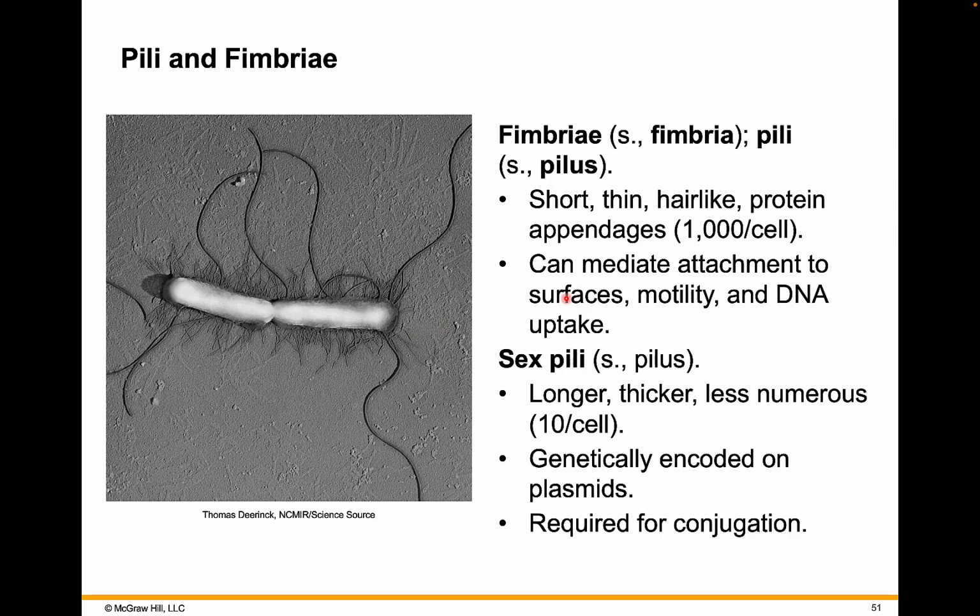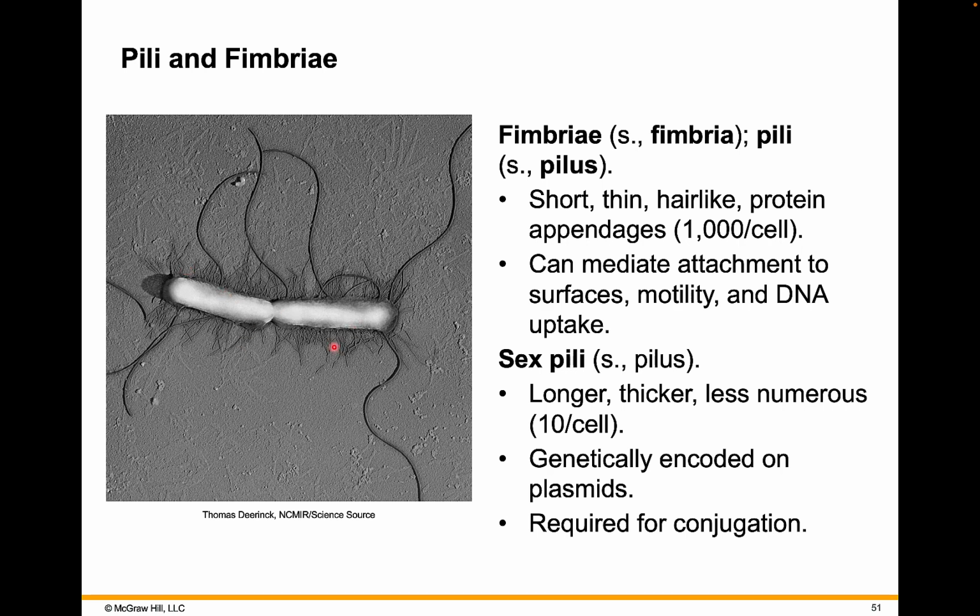First we are looking at the fimbria singular, and fimbriae plural, or pilus singular and pili plural. These are short, hair-like, thin structures, and could be present about 1,000 per cell, and can mediate attachment. Here you can see these are the fimbriae, and they aid in attaching the bacteria to a substrate.